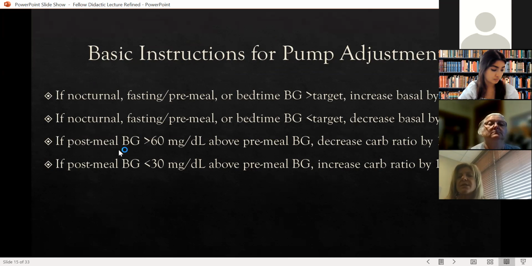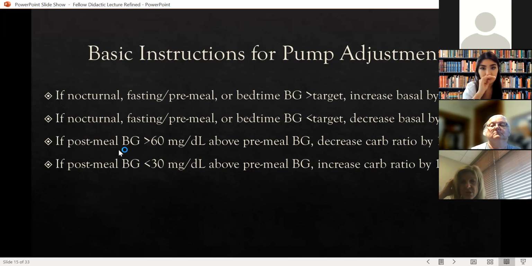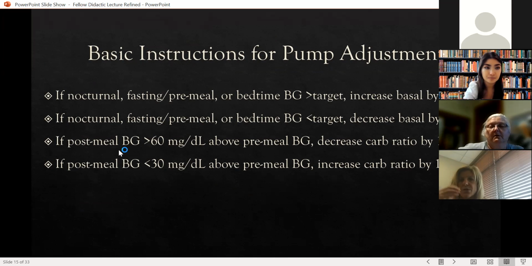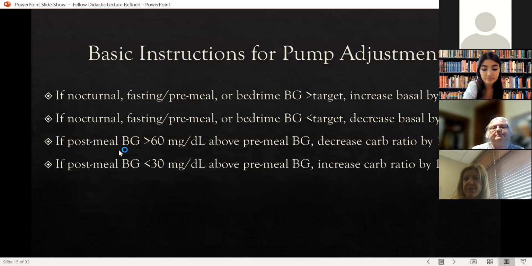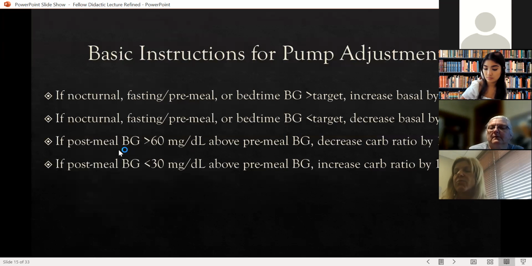So you want their fasting and pre-meal to be adjusted. If they're having lower blood sugars, you're going to decrease their basals. If they're having higher blood sugars in the morning, you're going to increase their basals. That is done through the nighttime and fasting pre-meal readings. And we talk about a 10 to 20% change. So that's the big rule.